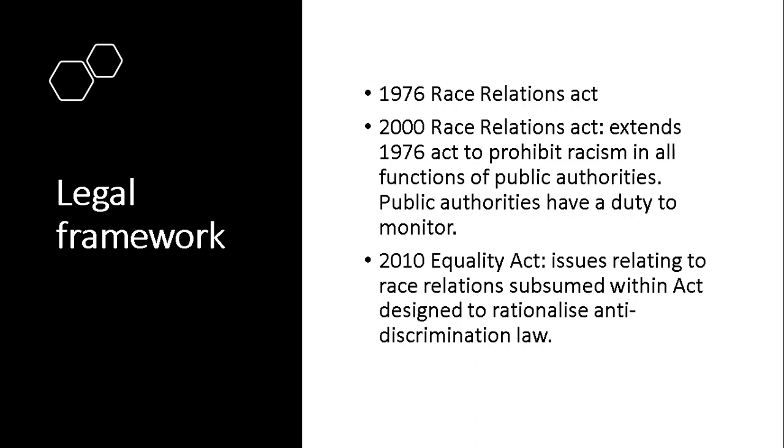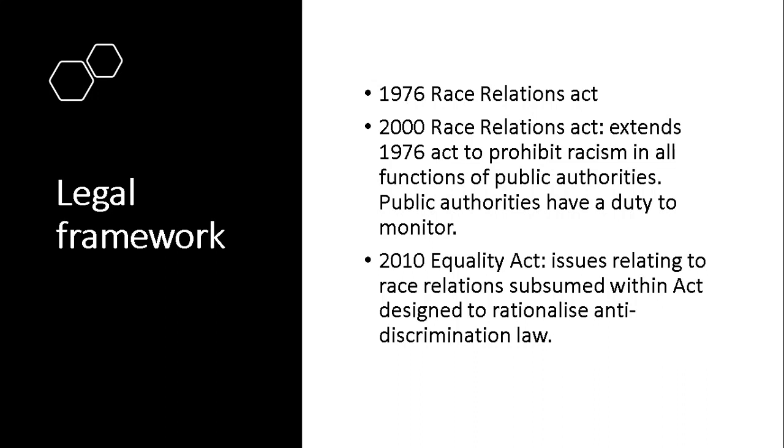So it's sad that this was legislated in the 1970s, but still today we see strong evidence that people are disadvantaged based on their race, colour, nationality, and national or ethnic origin in relation to employment, education, training, housing, and the provision of goods, facilities, and services.